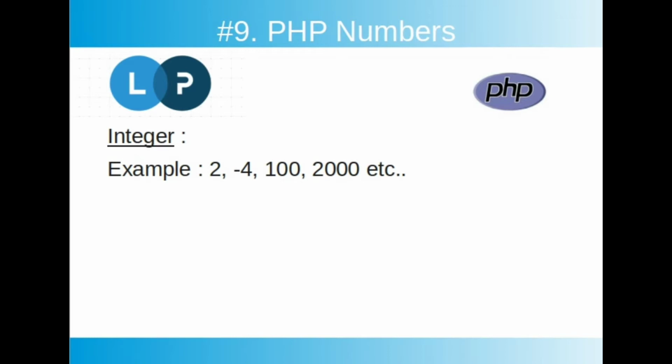There may be some situations where we need to check whether a number is a valid integer or not. For this checking, we have the is_int function. By this function, we can understand whether a value is an integer or not.